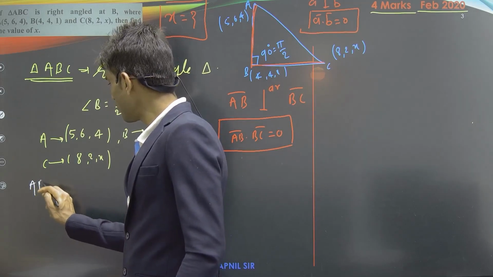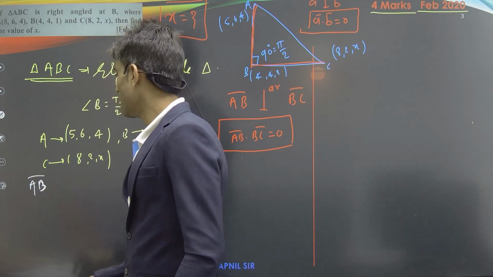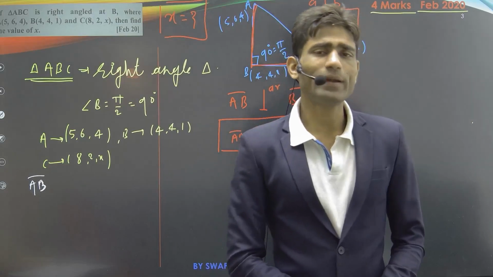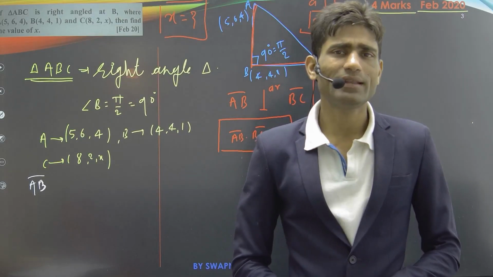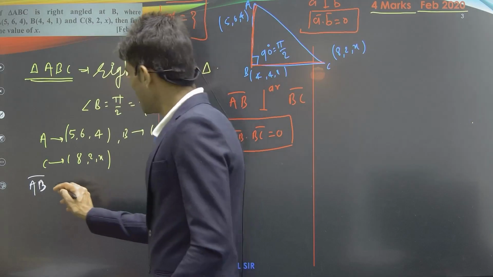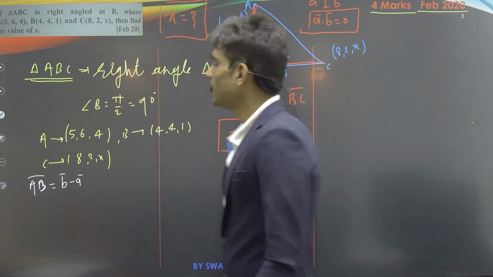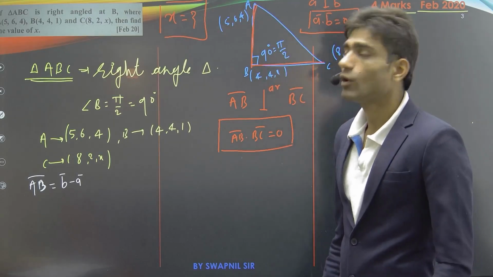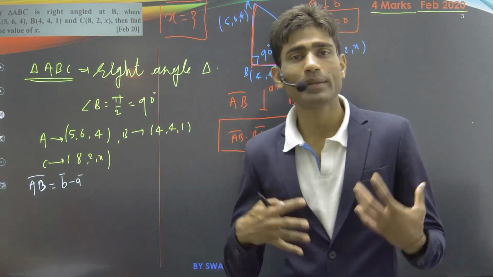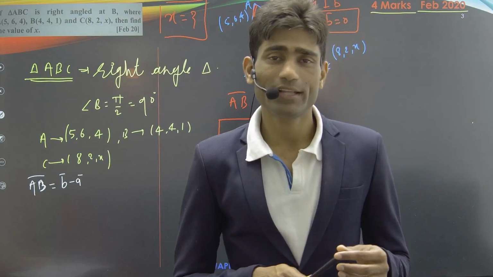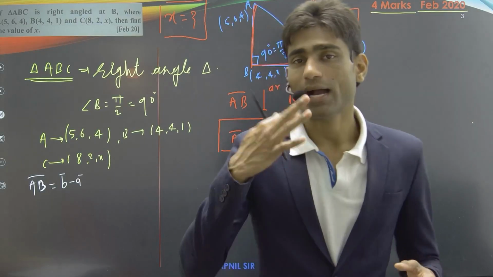We know that the position vector AB bar can be written as B bar minus A bar. You may ask where that B bar and A bar come from for finding vector AB bar. I will explain here.